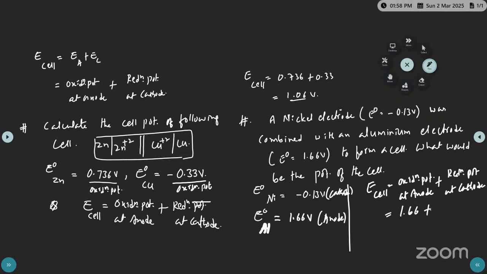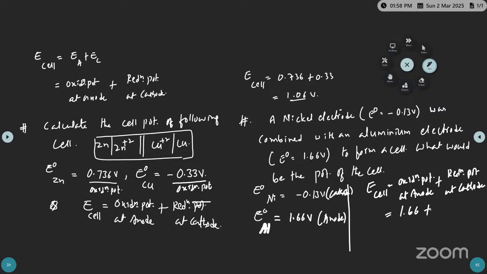At cathode, the given potential is minus. At cathode, reduction potential is positive; always remember this.